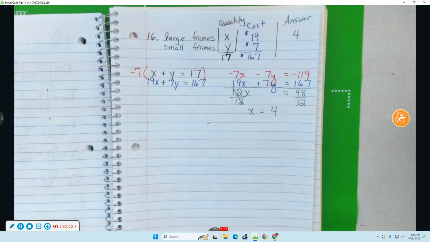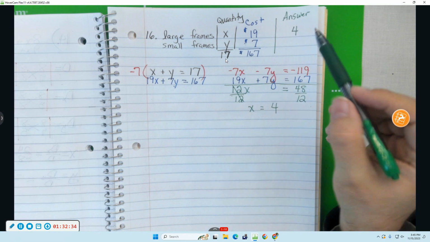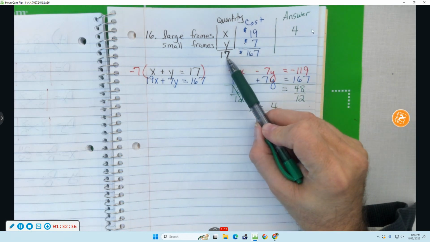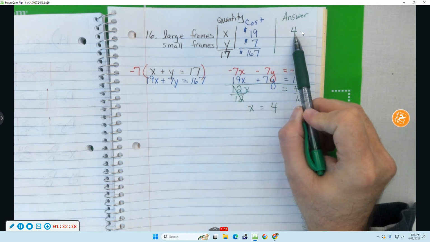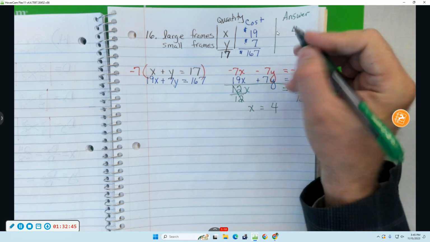Now you can either do algebra or just logic your way through. She bought how many frames total? 17. 4 of them were large. So how many small frames did she have? It had to be 13. 17 minus 4.